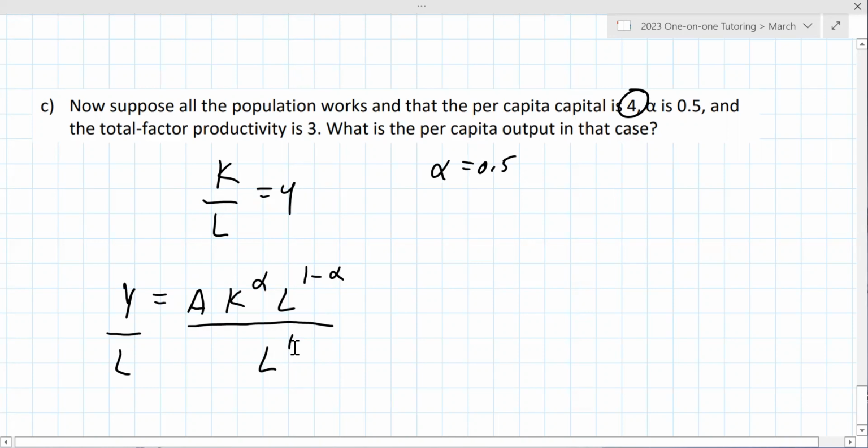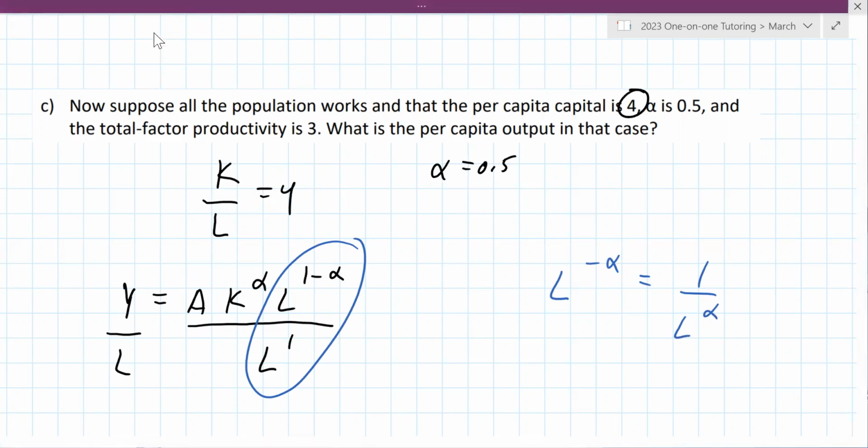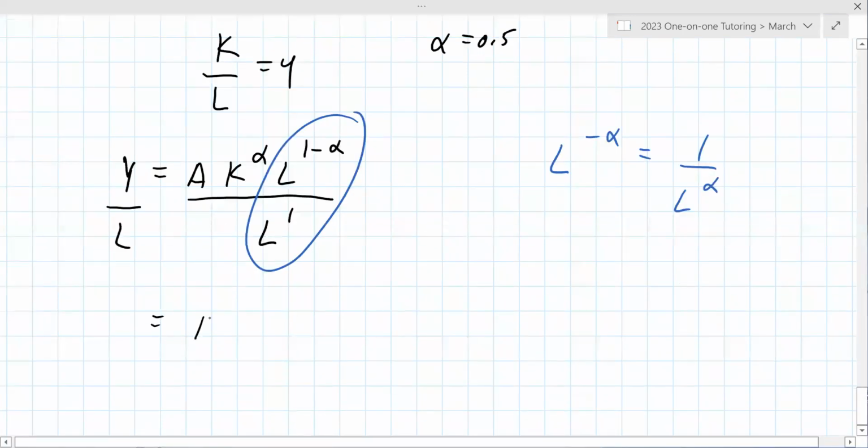This becomes L to the minus alpha, which is 1 over L to the alpha, and you're putting that on the bottom. So it ends up being AK over L to the power of alpha, because you can group them together.